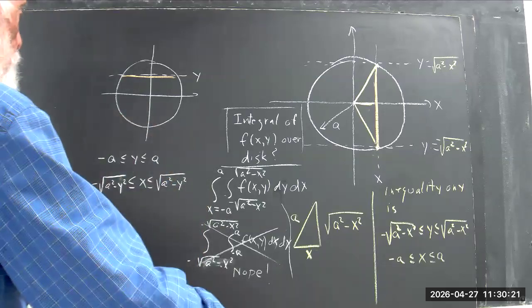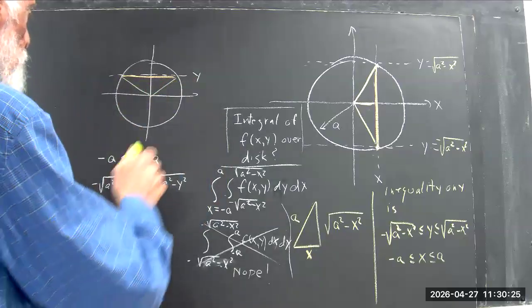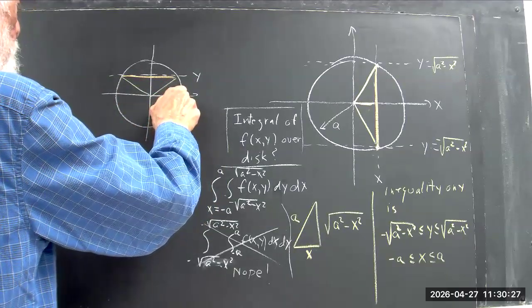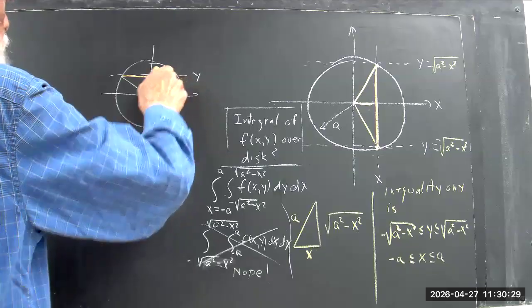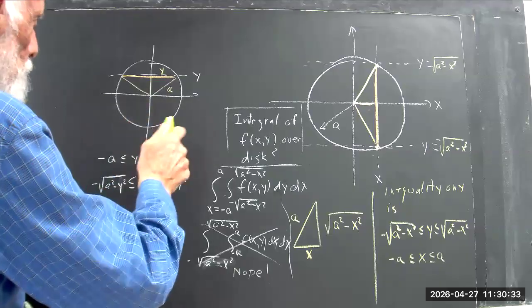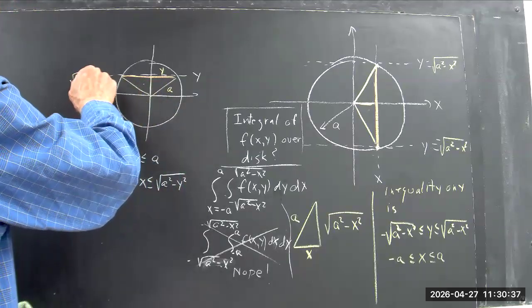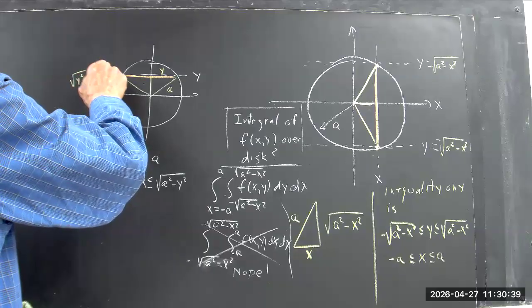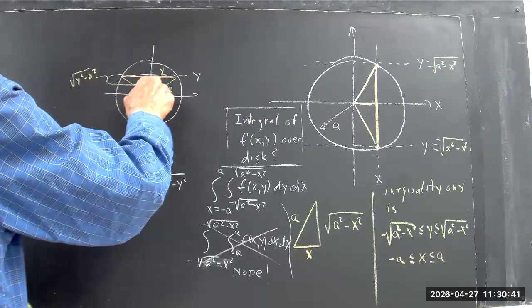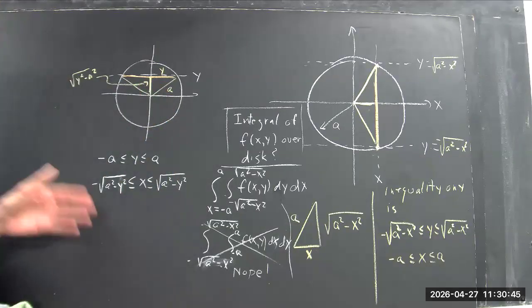Because, of course, you have the same triangles. It's just that in this case, your hypotenuse is a, this leg is y, so this leg has to be square root of a squared minus y squared. That would be this leg here. Okay, you need to think that through.